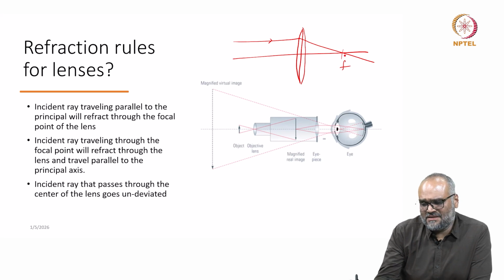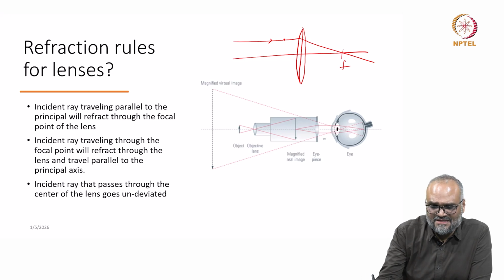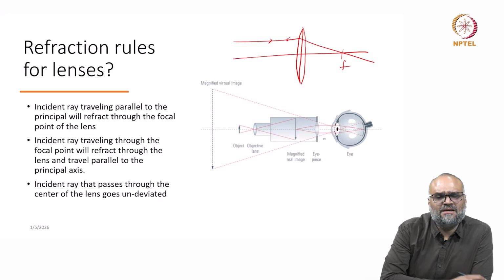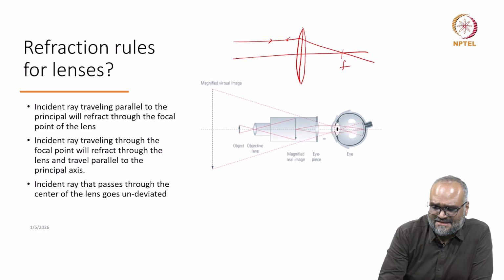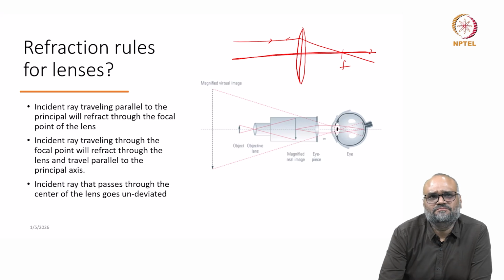Also, the opposite: any ray traveling through the focal point through the lens will go parallel to the principal axis of the lens. The next thing is any ray going through the center along the principal axis would go undeviated.